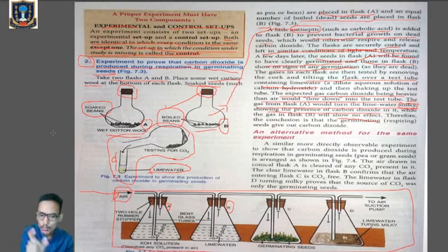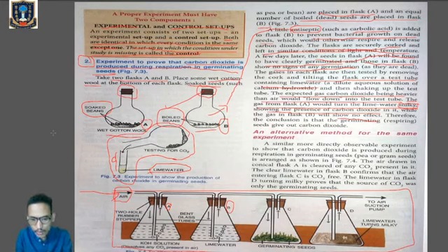But since we are using KOH, potassium hydroxide solution, in flask A, which will absorb all the carbon dioxide, the air going from A to B will be free of carbon dioxide, and since it is free from carbon dioxide, it will not turn the lime water milky. Clear? So that's simply lime water which is not milky.